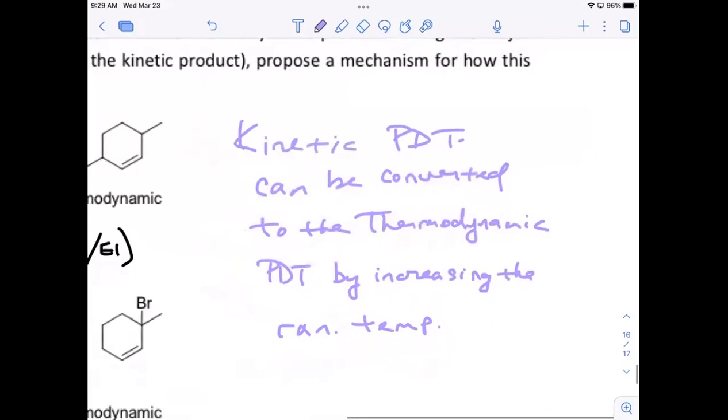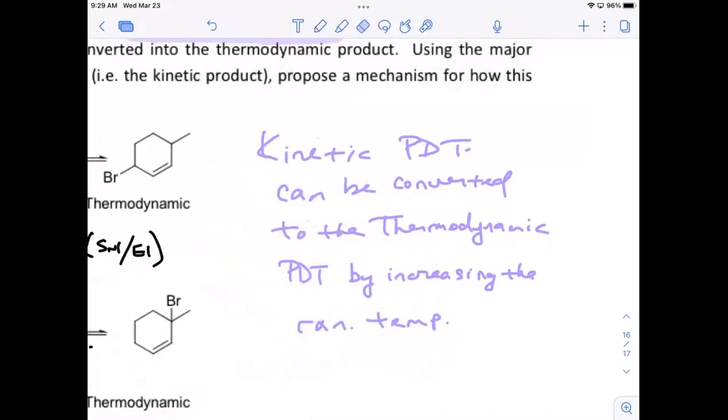Right. So anytime you're doing a reaction like this, addition of HX to a conjugated diene, and you have this competition, depending on which product you want, you can determine that based on the conditions.